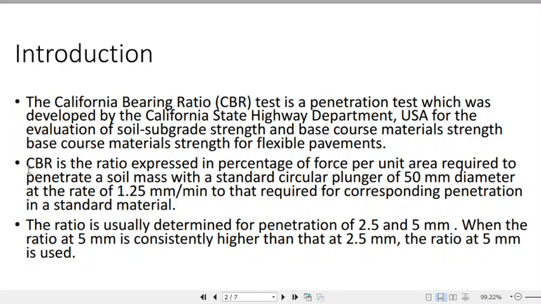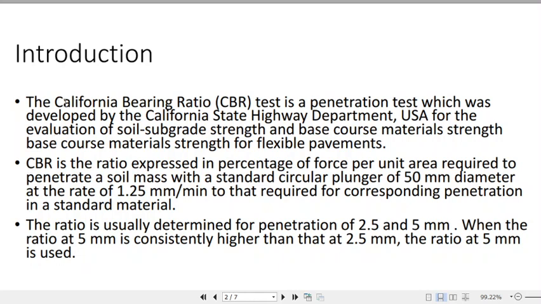The ratio is usually determined for a penetration of 2.5 and 5 mm. Basically there are different penetration values and we will be discussing this in the later part, and among different penetration values 2.5 mm and 5 mm penetrations are considered as standard.